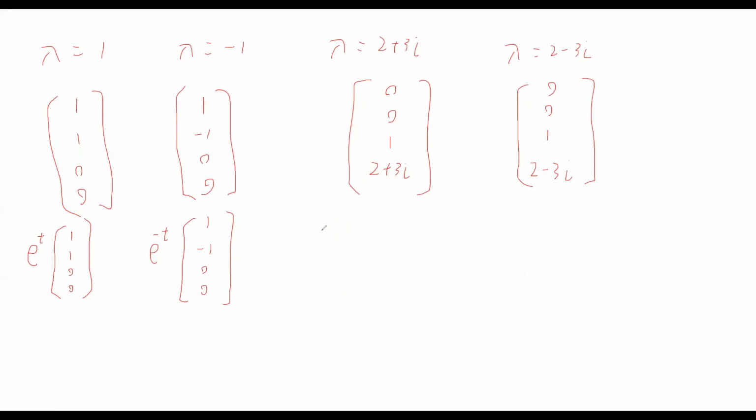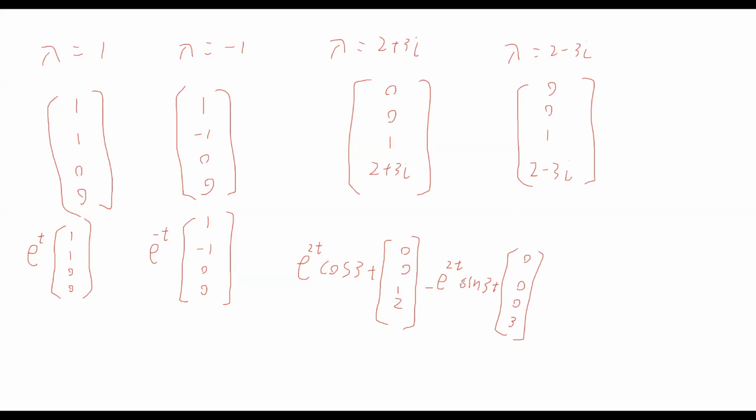So for this one, we will have e to the alpha t, so e to the 2t cosine beta, which is 3t, multiplied by a, that is 0, 0, 1, 2, the real part, and then minus e to the 2t sine 3t multiplied by the imaginary part, 0, 0, 0, 3.